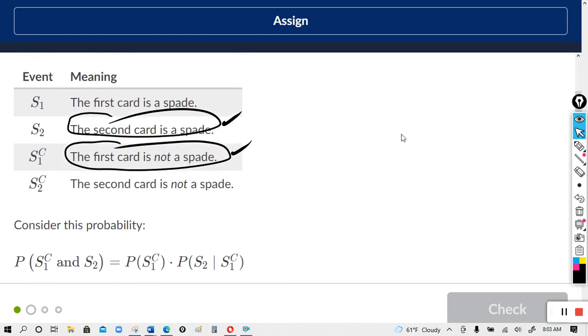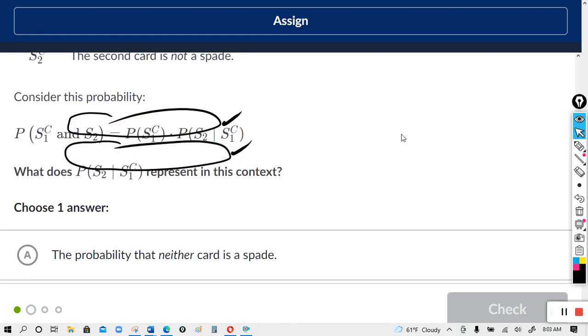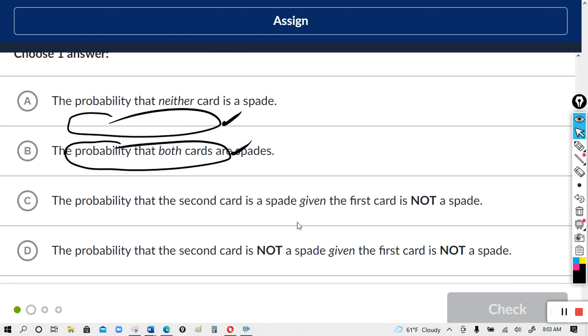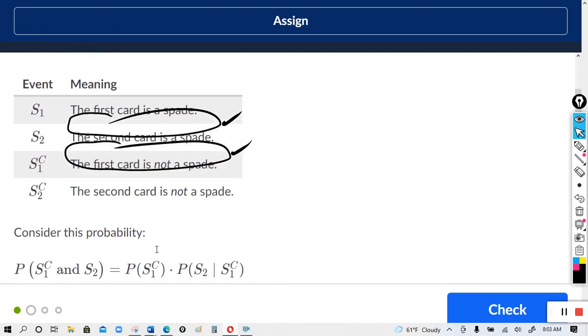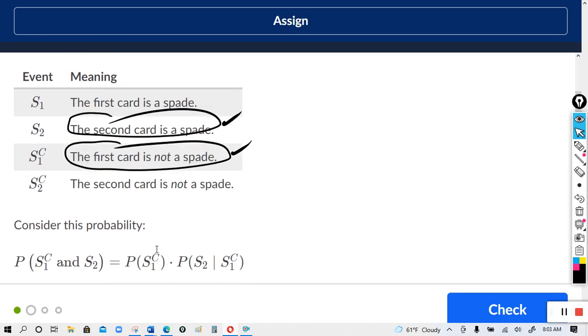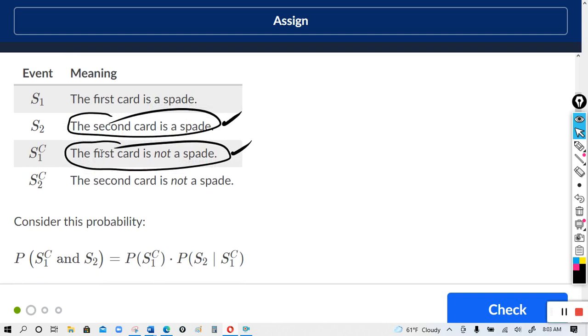Second card is a spade, first card is not a spade. Second card is a spade, given the first card is not a spade. Is that what we said? Second card is a spade, given that first card is not a spade.